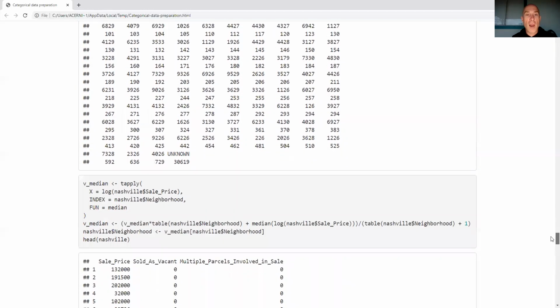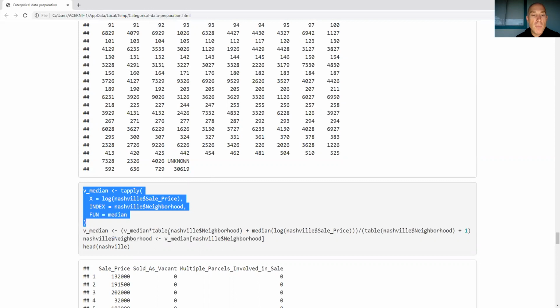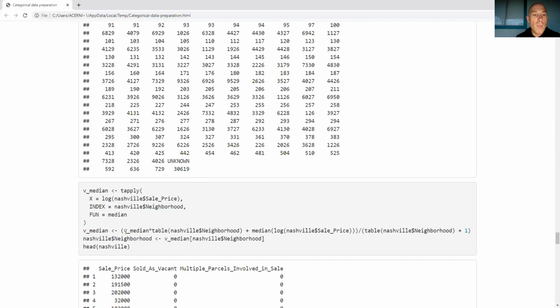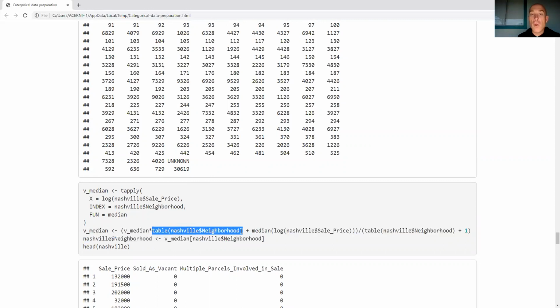And we can just scroll down and we see that's just way too many. We see the unknown is pretty common. All right, so here what I'm doing is I'm taking the median of each neighborhood, here's the median of each neighborhood, here's the number of times each neighborhood appears, that is its weight, and then I'm taking the median of the entire data set.